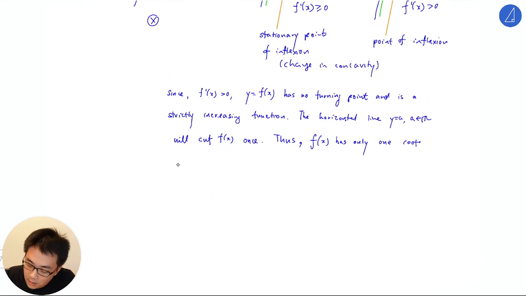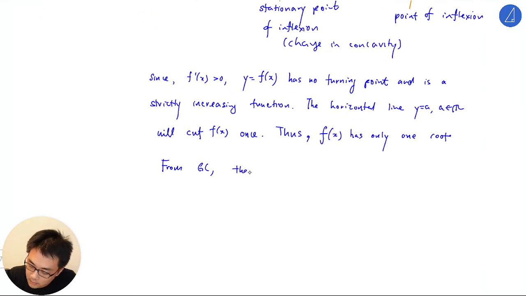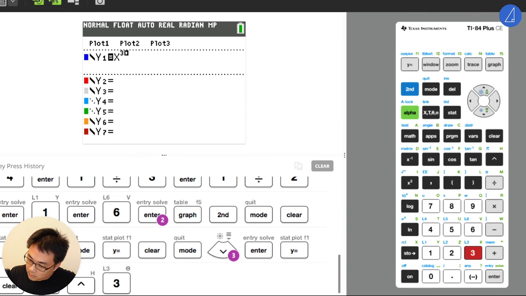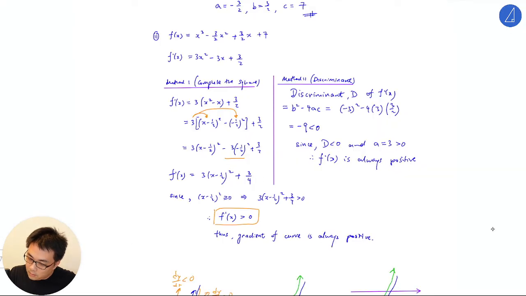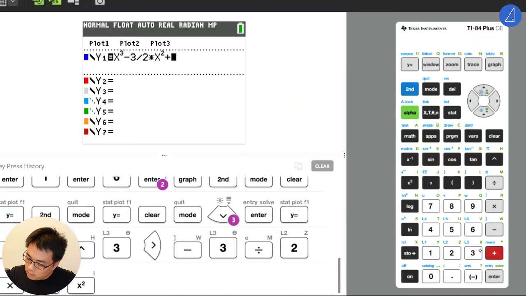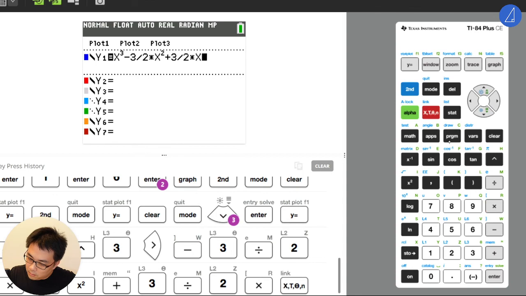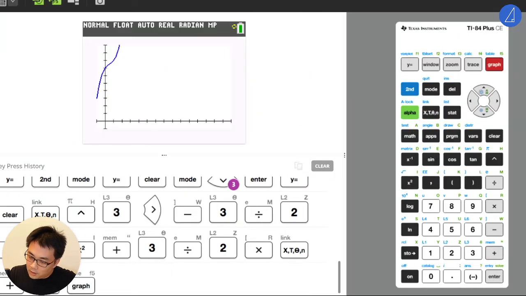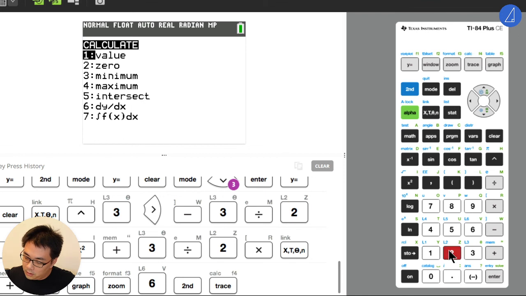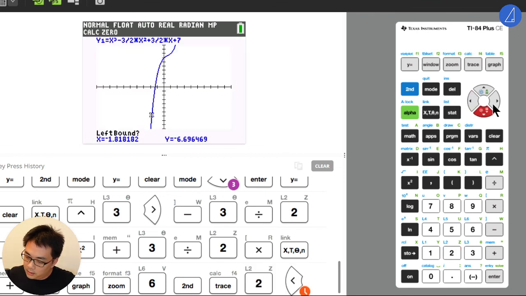So from GC, solve, the root is... then you get this graph. Oh, so you need to zoom standard. Then you just find the root. Find the root, it shouldn't be an issue, right? Yep.